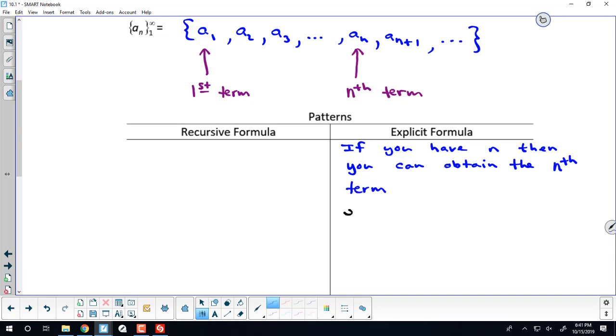For example, a sequence defined explicitly: a sub n is equal to 2 times n, where n is 1, 2, 3, etc.